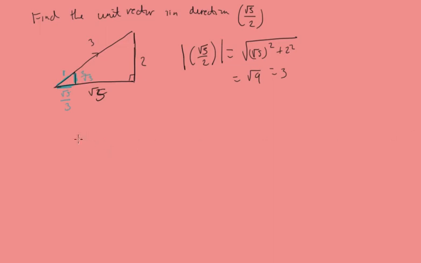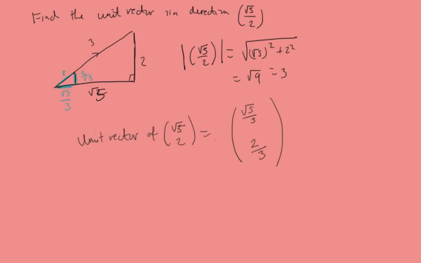So our unit vector of (√5, 2) is going to be (√5 over 3, 2 over 3).